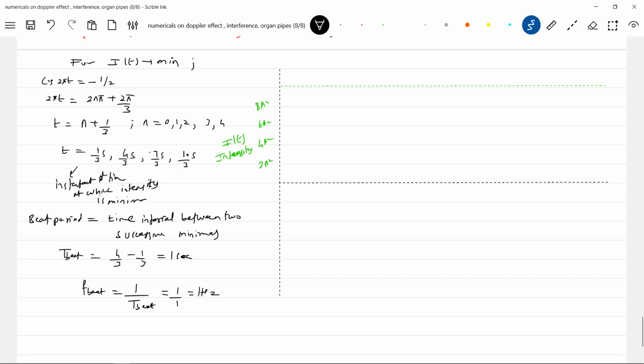Intervals of time, we'll take 1 by 16, 1 by 8, 3 by 16, 4 by 16 will be 1 by 4.